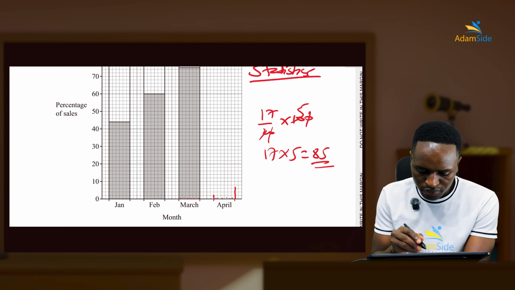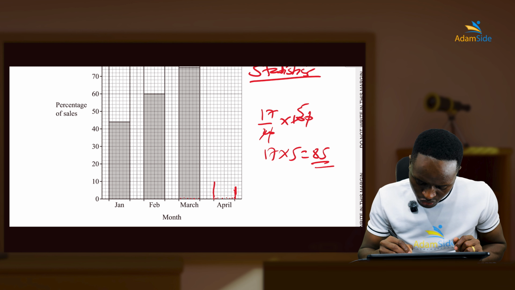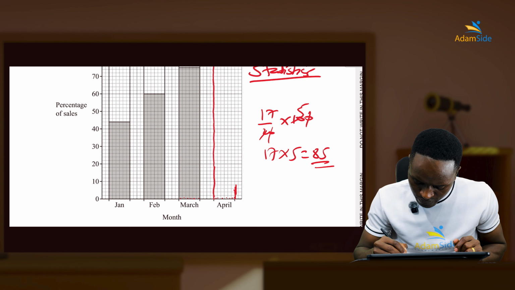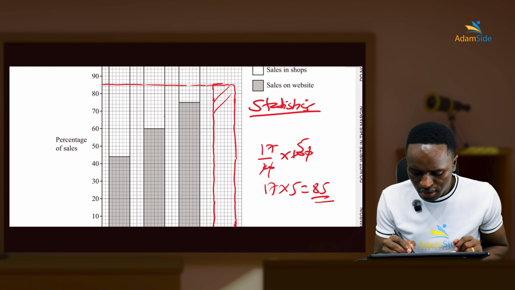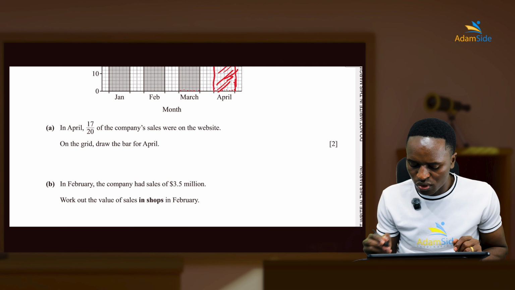You can use a ruler to draw your diagram, but ideally it's simple. You can sketch up to where 85 is. You have to draw a straight line to where 85 is. Yeah, so this is your sketching.